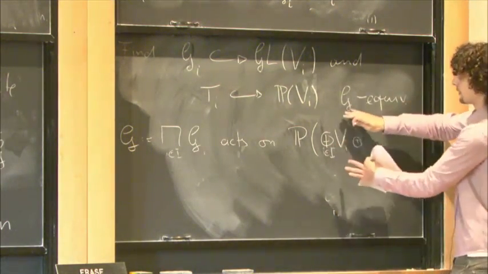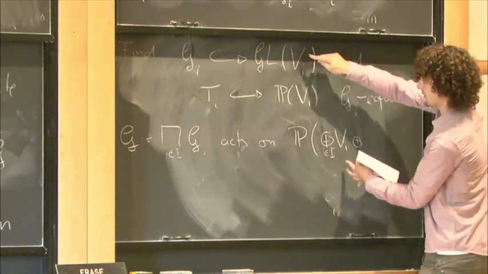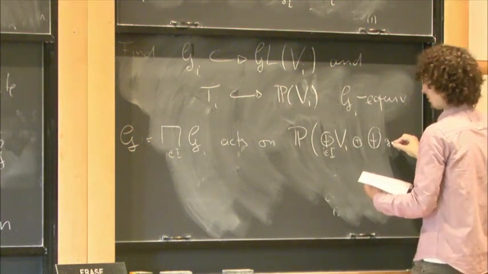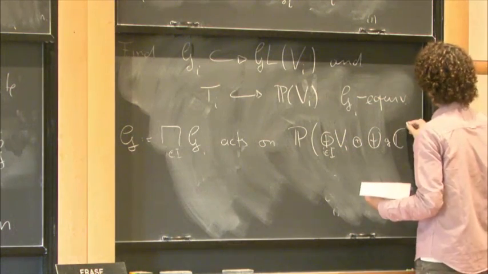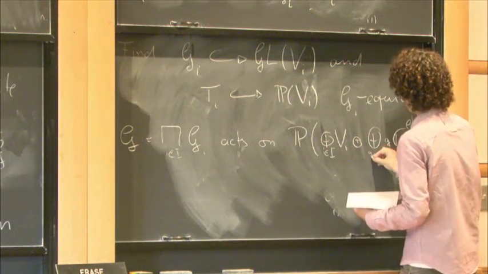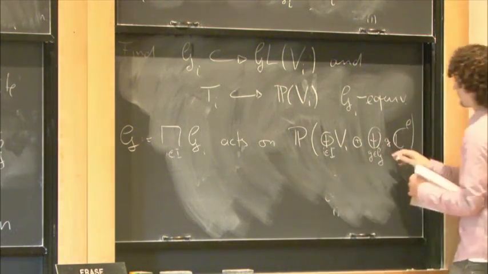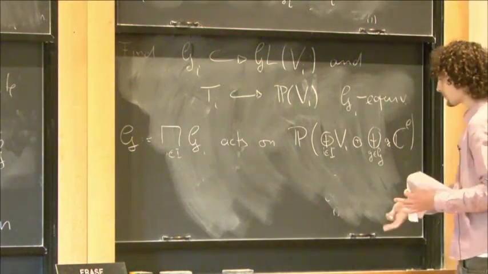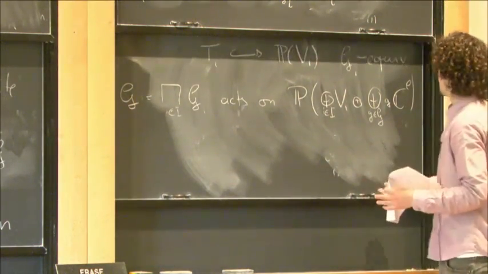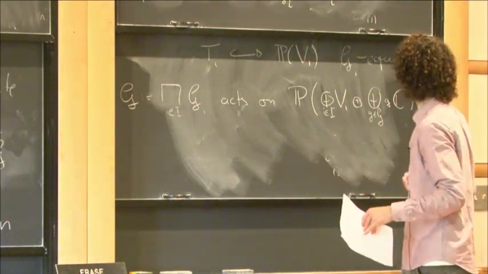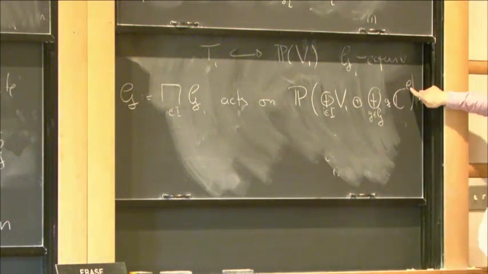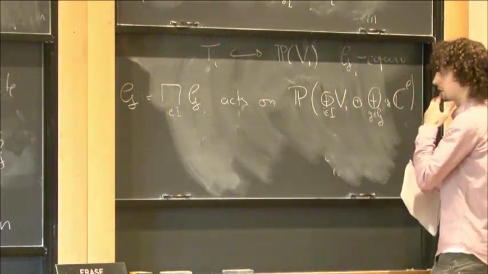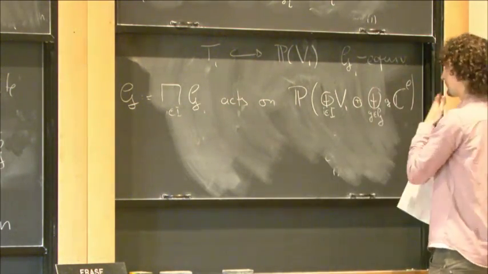So we sum up all these vector spaces Vi, and then we add a sum which is similar to the sum up there. Okay, and again, if we choose L sufficiently large, then this action will be free in codimension n.